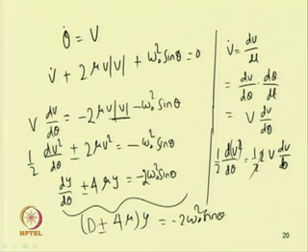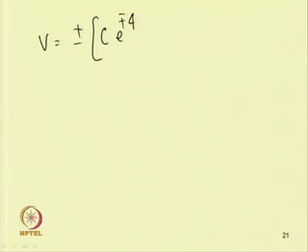Now, finding the complementary part and particular solution of this equation. So one can write the solution of the equation in terms of v as v equal to plus minus c e to the power minus plus 4 mu theta.